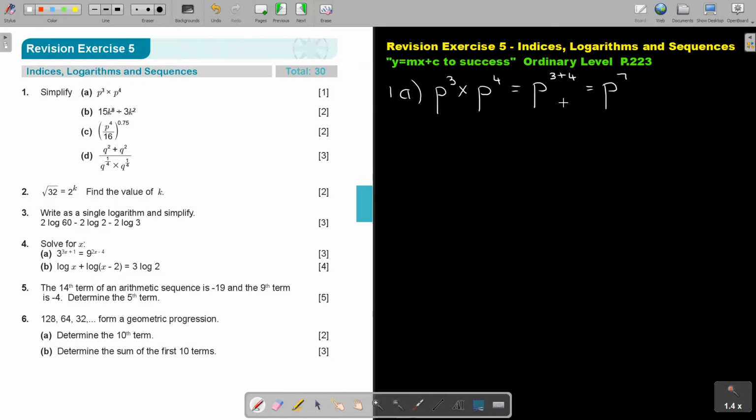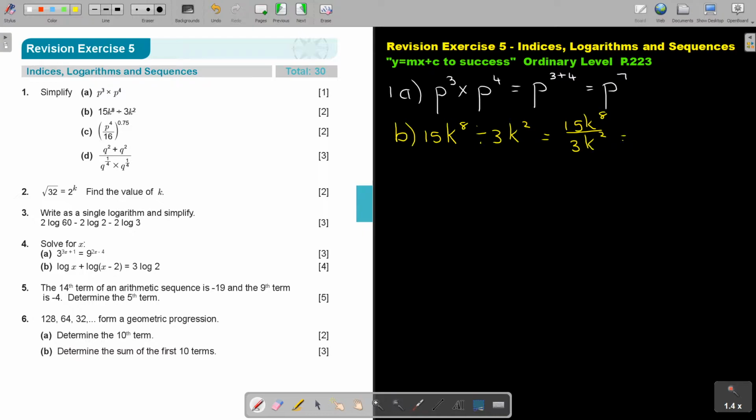Then I start with the next one, number b, and now it's 15 k to the power of 8, divided by 3 k to the power of 2. Sometimes it's better if you write it like this: that one on top, the numerator, and that one at the bottom.